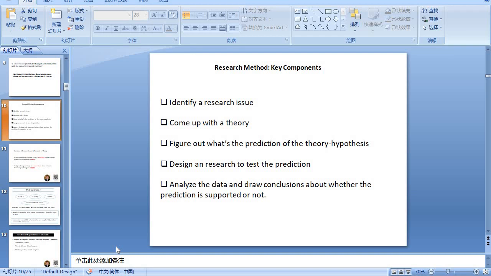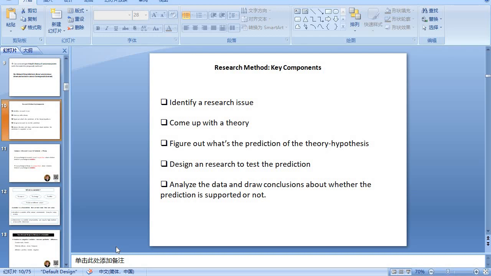This is a specific prediction based on my theory. If my theory is supported, I should be able to find this evidence. This is a hypothesis. I can generate other hypotheses.